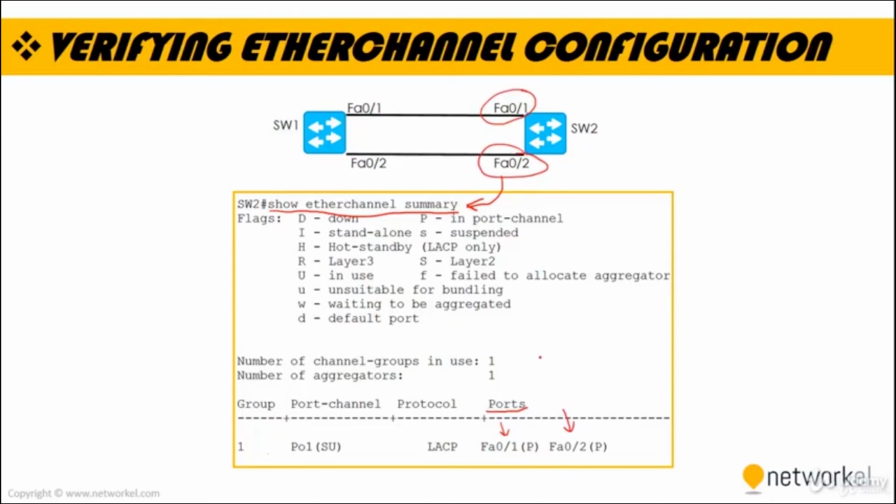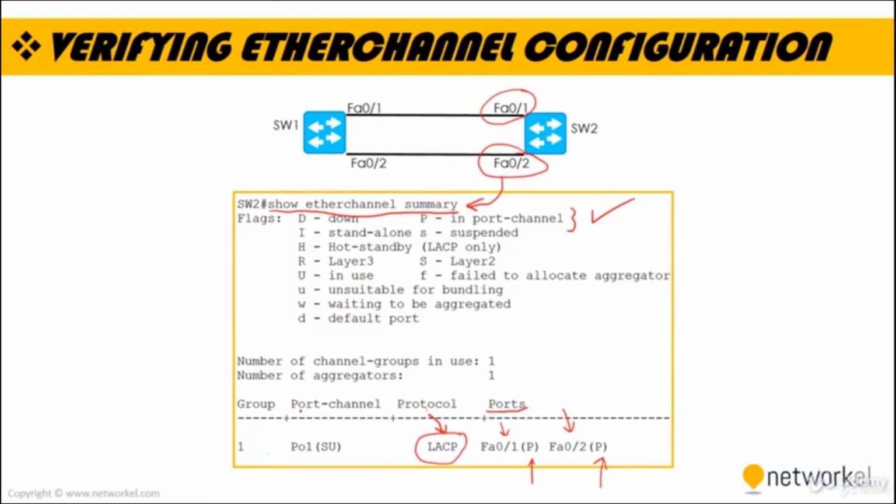Alright, pretty good. And I'm seeing a P value in here. P means these ports are in the port channel, which is good news. Then I'm seeing the protocol type. We can use PAgP or LACP, as you know, and here we are using LACP. Our output says that.